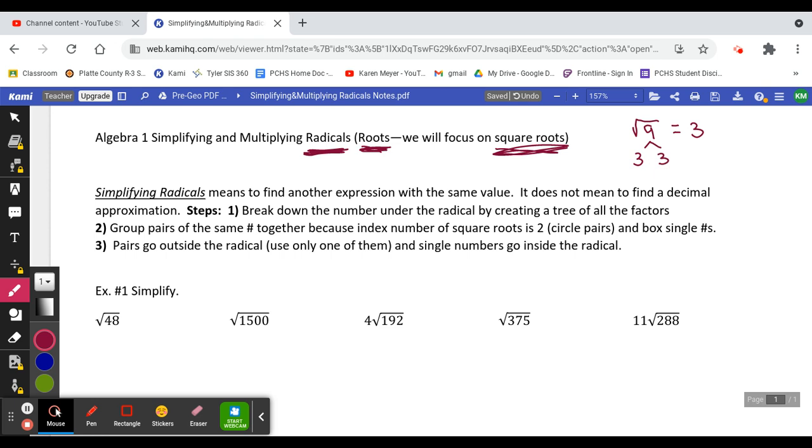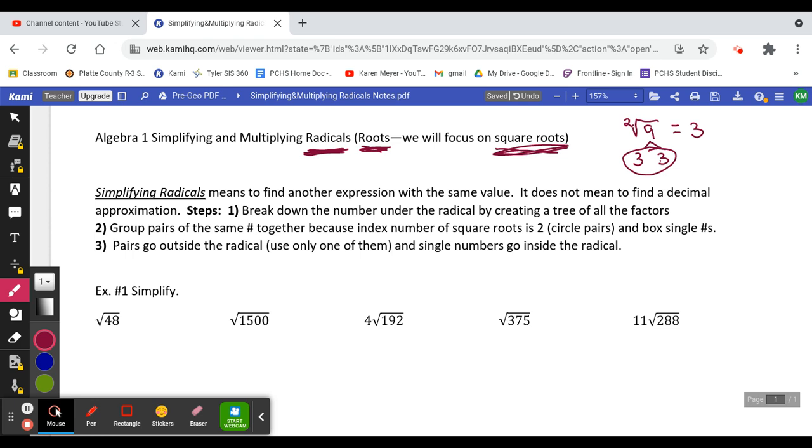Square root means the index number is a 2. We just don't ever write that on the top of the square root because we just name it square root. Since the index number is 2, it takes 2 of the same thing to put something on the outside. Since there were 2 3s, that's how I knew a 3 went on the outside.